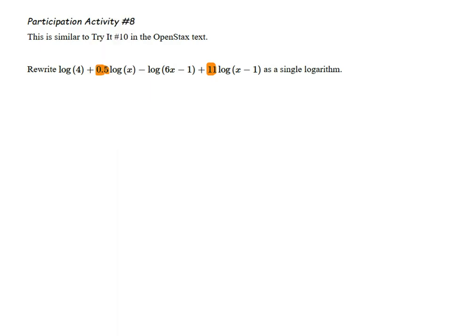The rule was that if you have log of x raised to the n, the n goes out in front and it's n times the log of x. So remember, we're going backwards. This time they gave it to us like this and we need to write it like that.